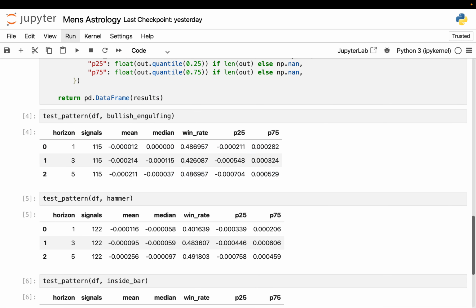Next one, the hammer. Can the hammer save the candlestick pattern industry? We got 122 signals. 1 minute returns are slightly negative. 3 and 5 minute returns remain negative. We got median returns negative across horizons, and a win rate, if you are very, very fair here, near 50%, but rather lower than that.